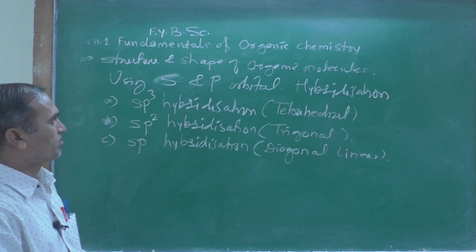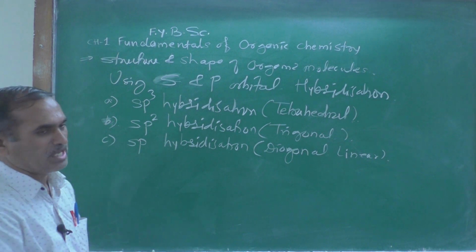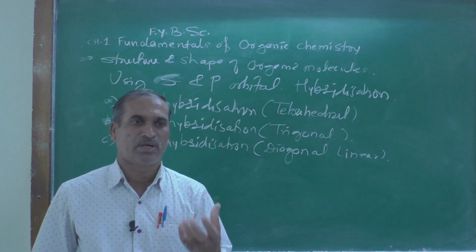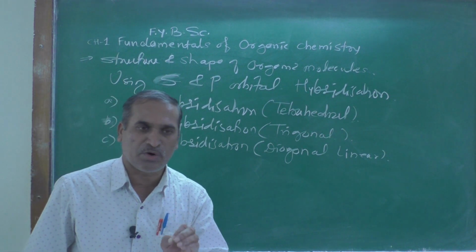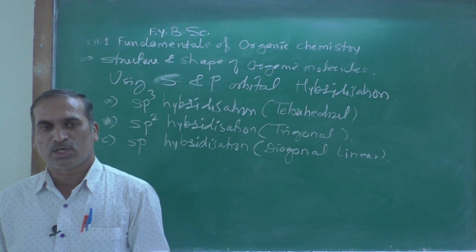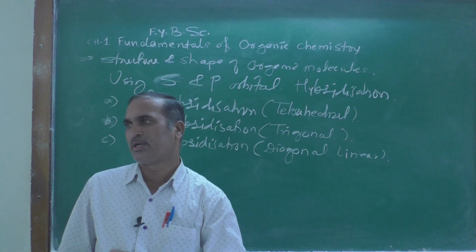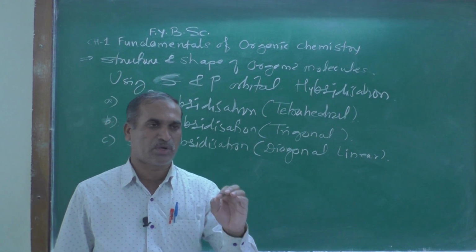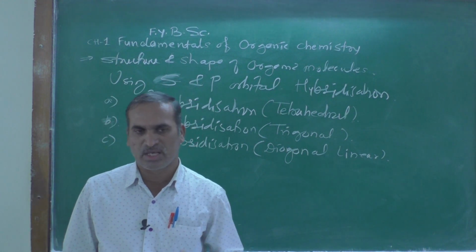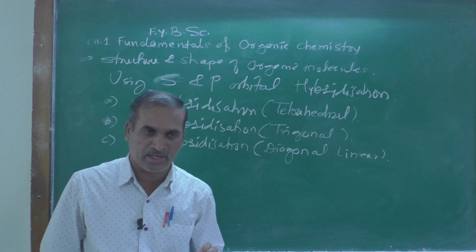So these types of hybridization are possible, and they are very useful from a chemist's point of view, because there are three types of carbon present in organic compounds. If the organic compound contains a carbon-carbon single bond, that carbon shows sp3 hybridization.